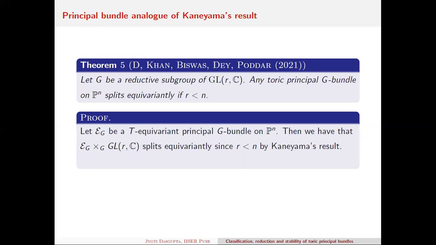Because G is in GL_r(C), we can construct the associated bundle and end up with a principal GL_r(C) bundle. But that is equivalent to an equivariant vector bundle of rank r over P^n. By the result, that will split equivariantly because r is less than n. Because of the theorem I showed you just now, after extension, this splits, so the original one also splits equivariantly.